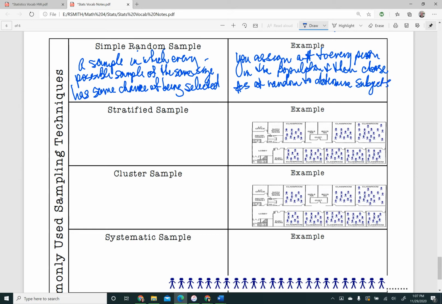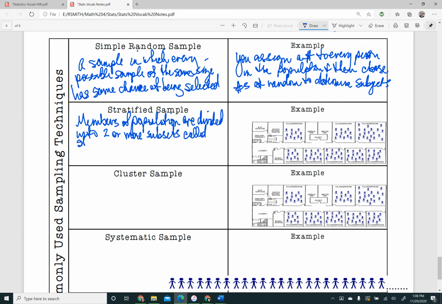A stratified sample, members of the population are divided into two or more subsets. We call these strata.